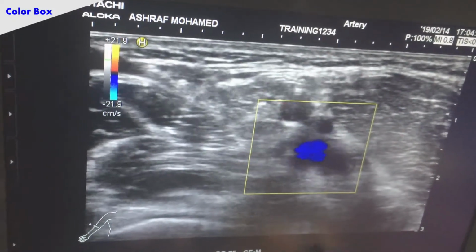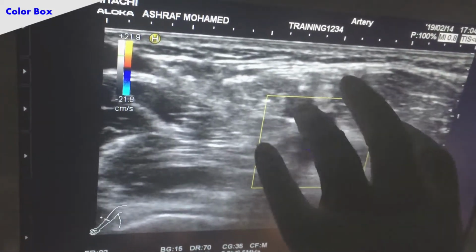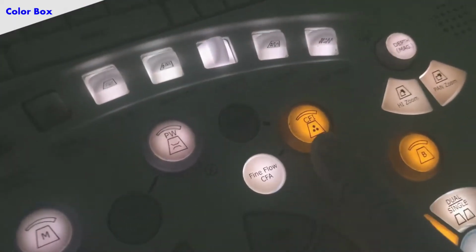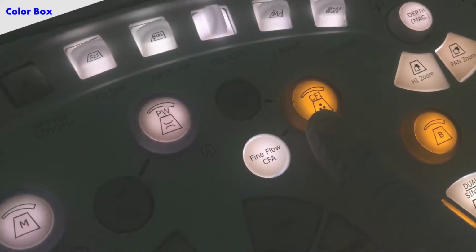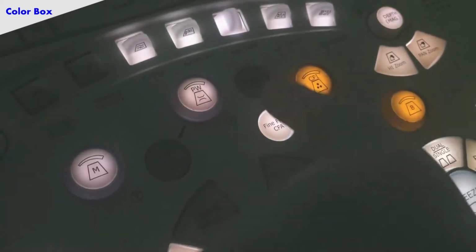What is the conclusion about this color box? When you apply the color box or color flow imaging, in some machines it is named color flow imaging, in other machines it is named only C. Okay, this is the option for applying Doppler shift in the machine.